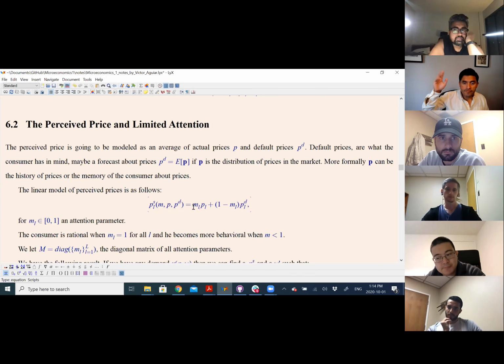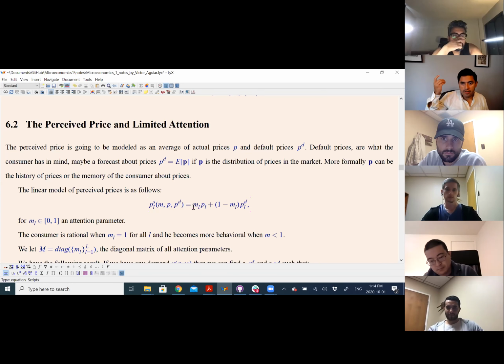So within a month, the default price is always $1. Then you go there, and sometimes you have promotions, sometimes you have some weird stuff with the cost of wheat, and therefore the price is fluctuating. But you don't care. The fully inattentive guy will always think it's $1 and then adjust whatever at the counter. So this is the extreme of m equal to 0.